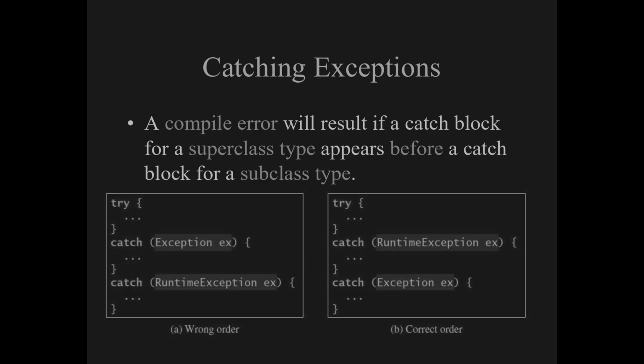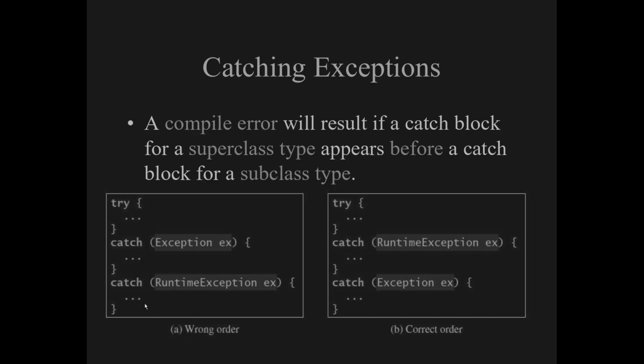I'm speaking vaguely here. Anyways, a compile error will result if a catch block for a superclass type appears before a catch block for a subclass type. RuntimeException is a subclass of Exception, okay? If something throws a RuntimeException, and the first catch is for Exception, then since RuntimeException is a type of exception, it's going to be caught by that one.